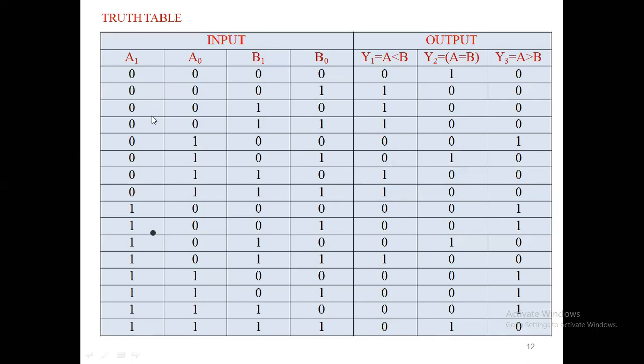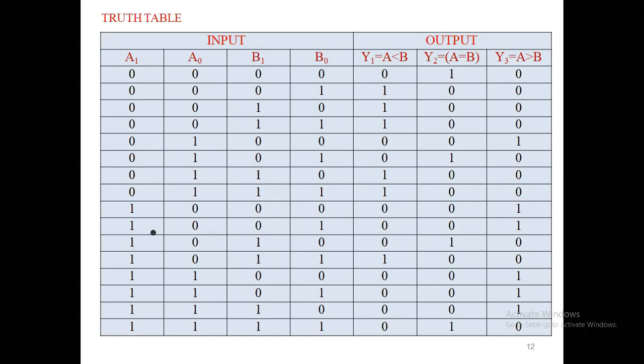This is the value A1 A0, B1 B0. How we are getting these values: already we know that 2 power 4 is 16 combinations, from 0 to 15. That is 0, 0, 0, 0, 0, 0, 0, 1, and so on, up to the last value 15, where all are ones. These are the input combinations.